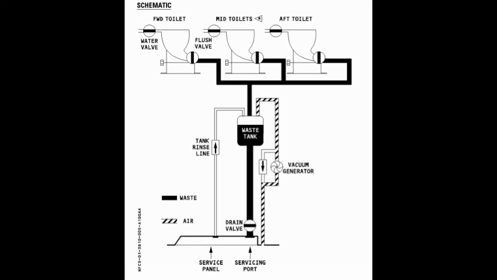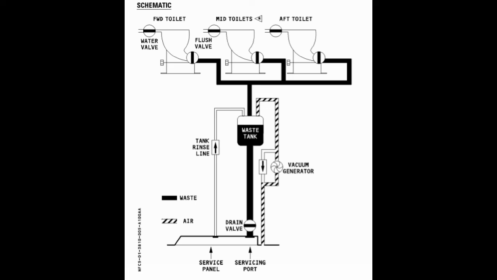When the aircraft is on the ground and the toilet requires servicing, the service truck will connect to the waste pipe that directly flows from the waste tank and will attach a disinfecting rinse line to the tank.